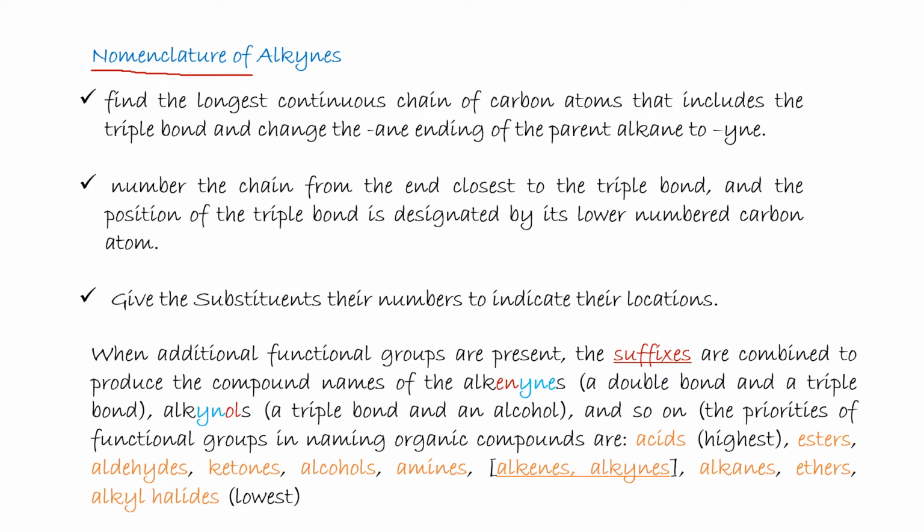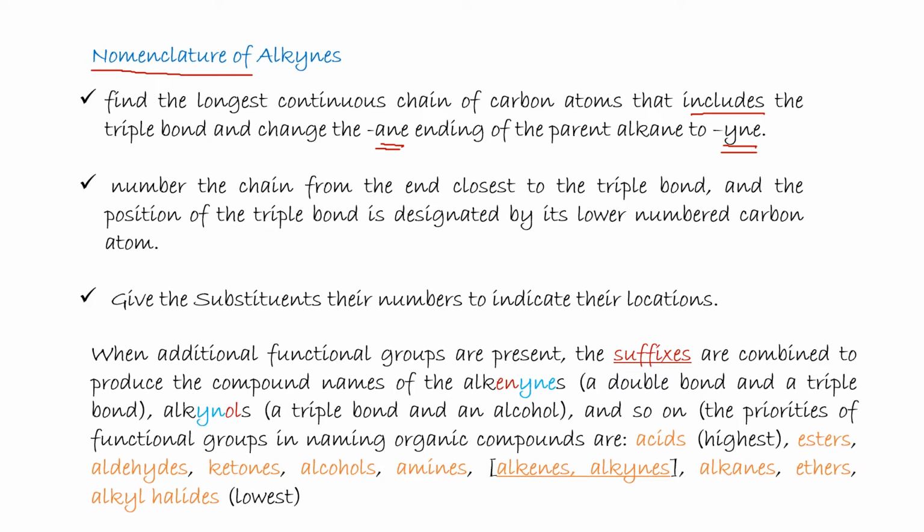First step, find the longest continuous chain of carbon atoms that includes the triple bond and change the ANE with YNE. The ANE of the alkane, you take it out, and instead of it, you write YNE.